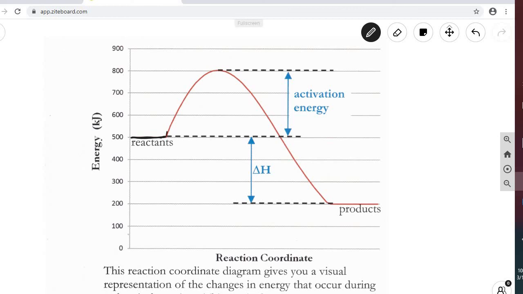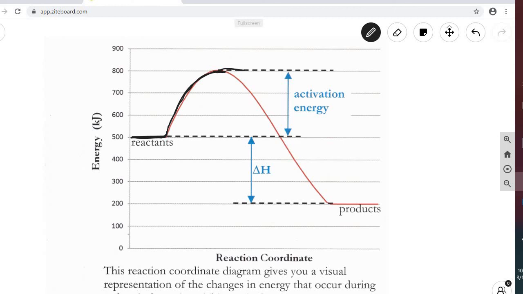So we put in some energy to get the reaction to proceed, and the amount between the amount of energy in the reactants and what you need to get before the reaction actually starts to proceed is the activation energy. So in this case, it would be 300 kilojoules. We started at 500.